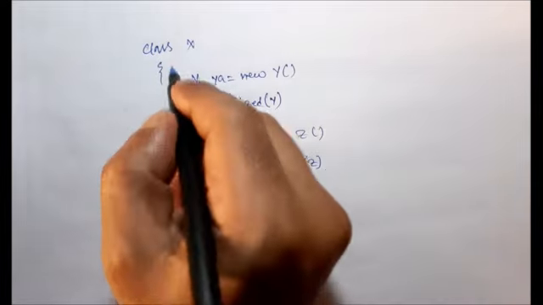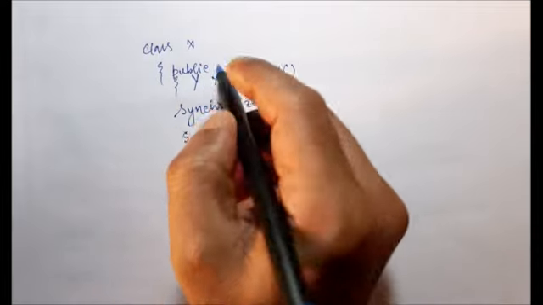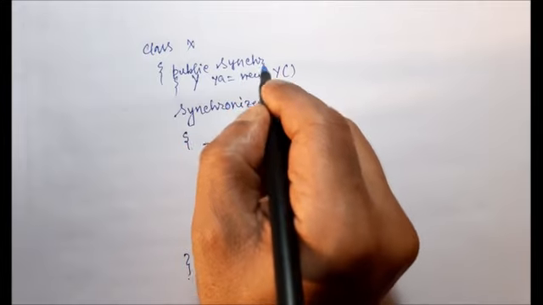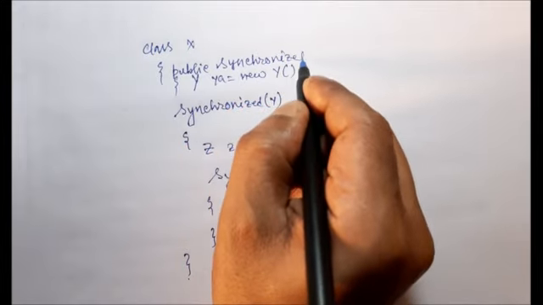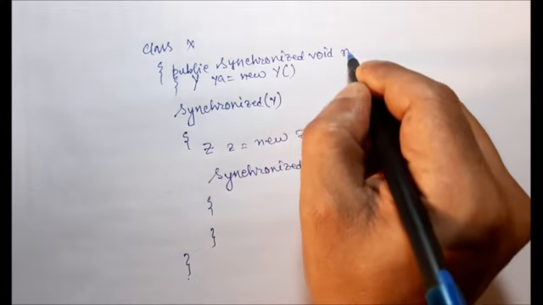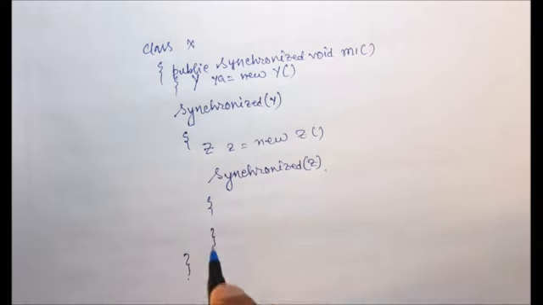So let me take a method, public synchronized void m1. Within this method, this block is complete, this block is complete, this method block is complete, and the class is complete.